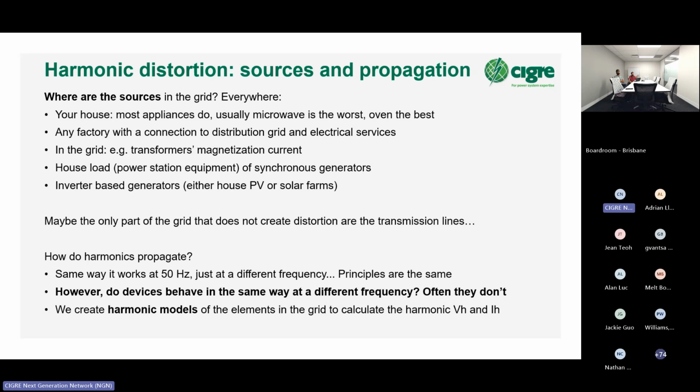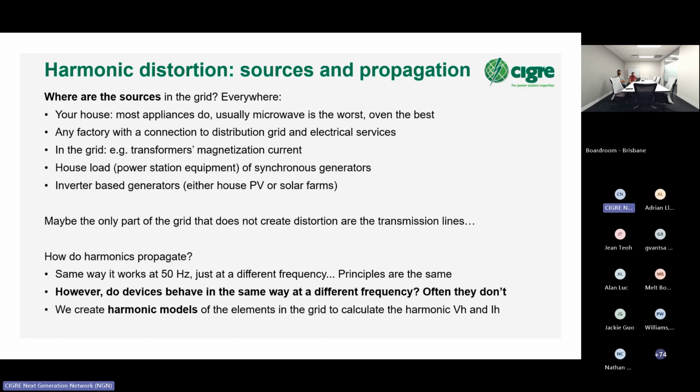And lots of that has variable speed drives, rectifiers, you name it. So it may be a source of harmonics. And inverter-based generators like PV or solar farms, wind farms, whatever has power electronics. Maybe the only part of the grid that does not create distortion is the transmission lines. They may create negative sequence stuff because of unbalance, but they do not create distortion.